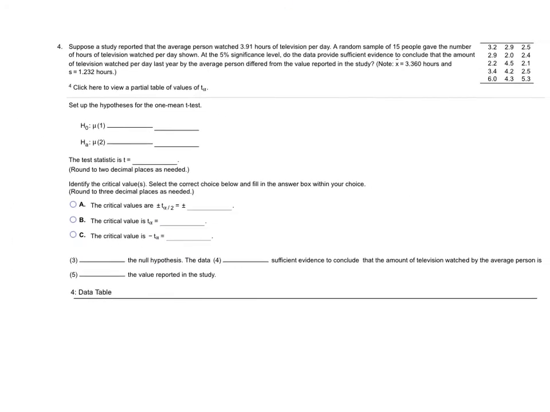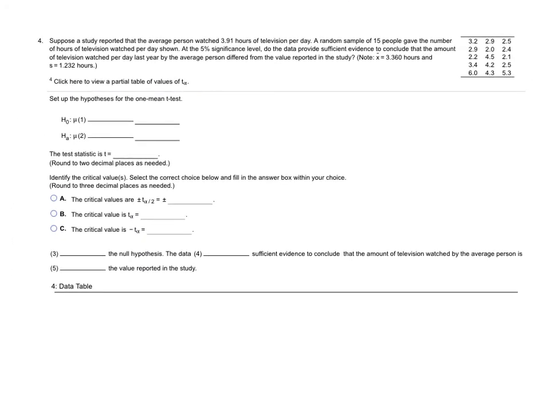And now let me go to number 4. Number 4 is one more step, to state step number 1, the hypotheses, right? But always the null one is equal to something, but in the alternative hypothesis we have to choose one of them.